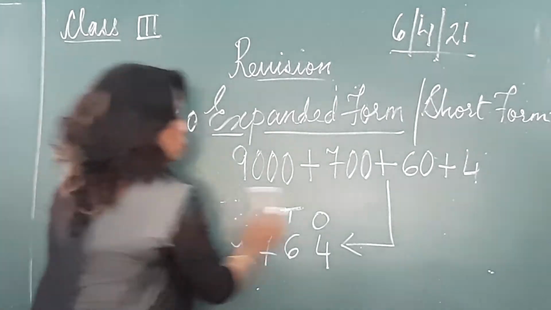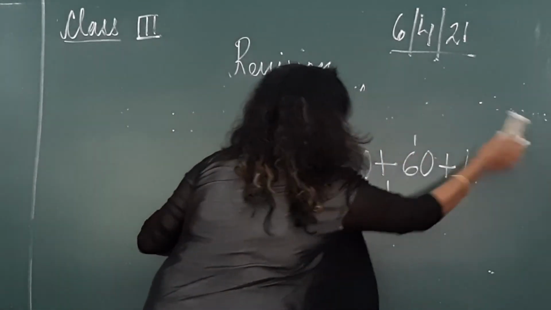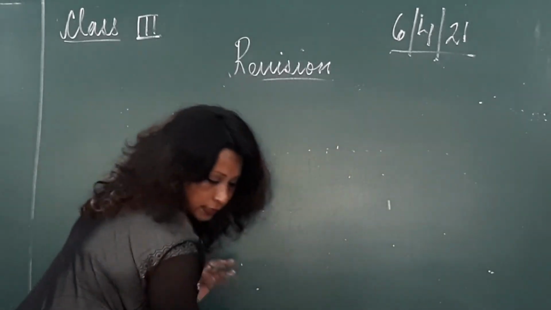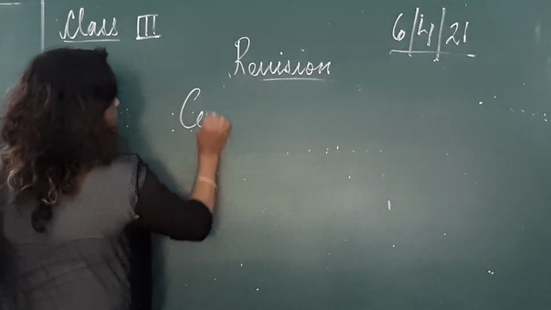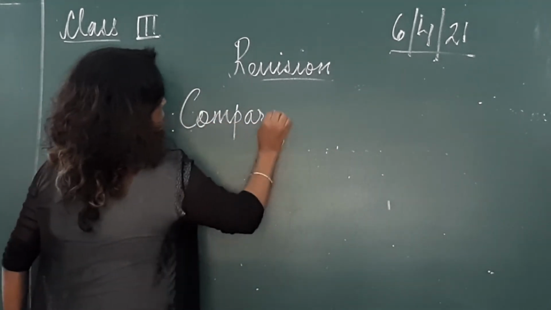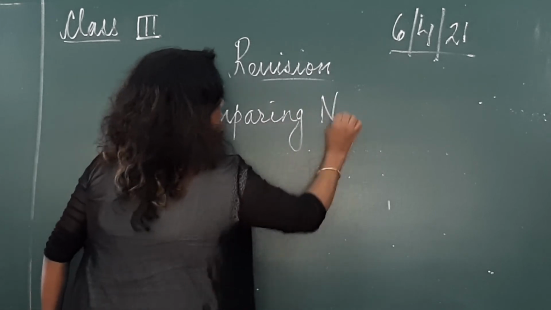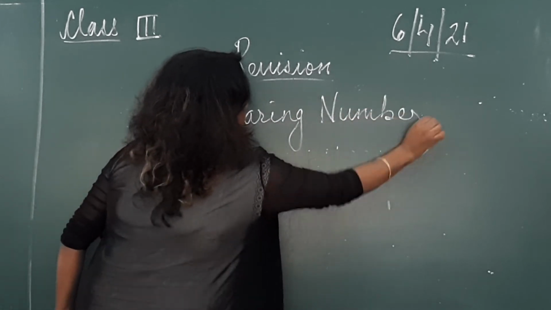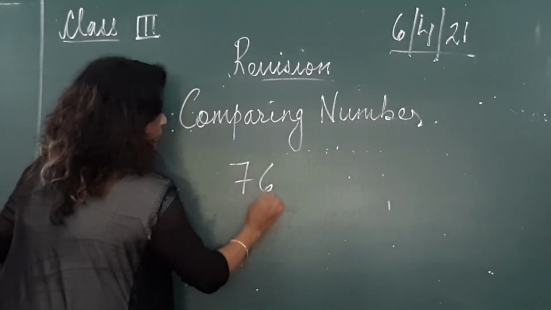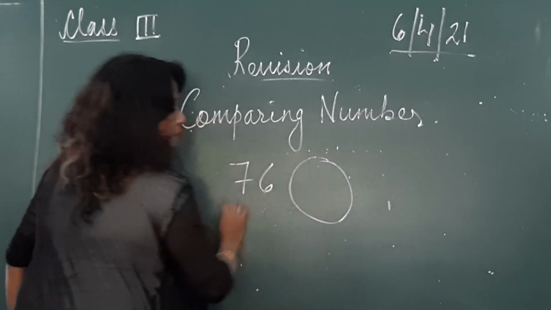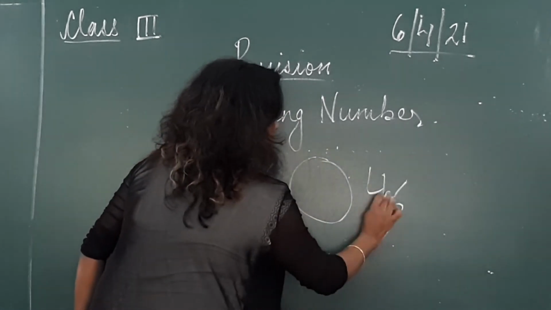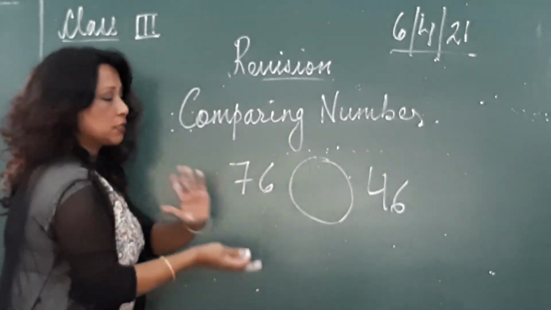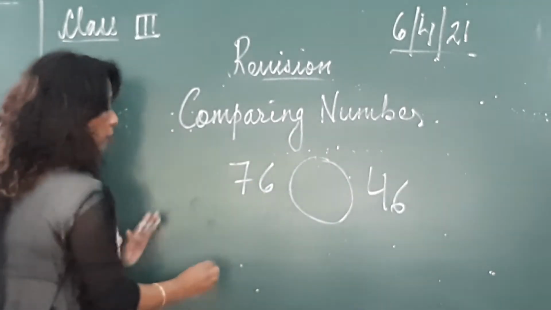This too is coming for your test. And the last one we have is comparing numbers, like 76 and 46. I told you when you're comparing, always look at the larger number.